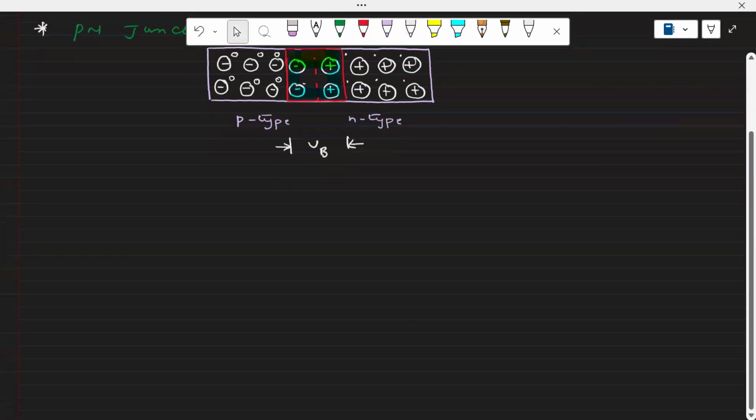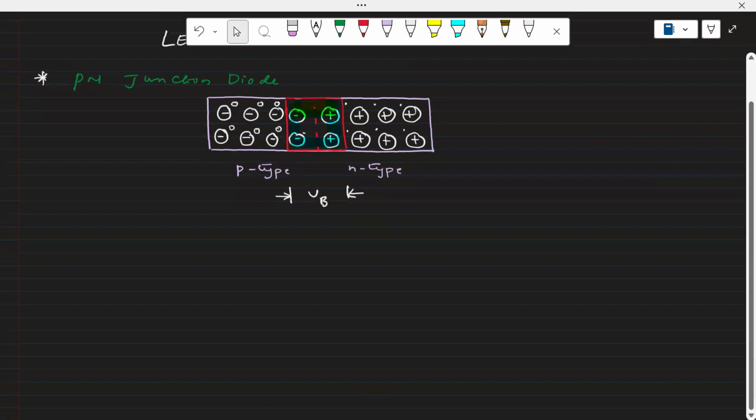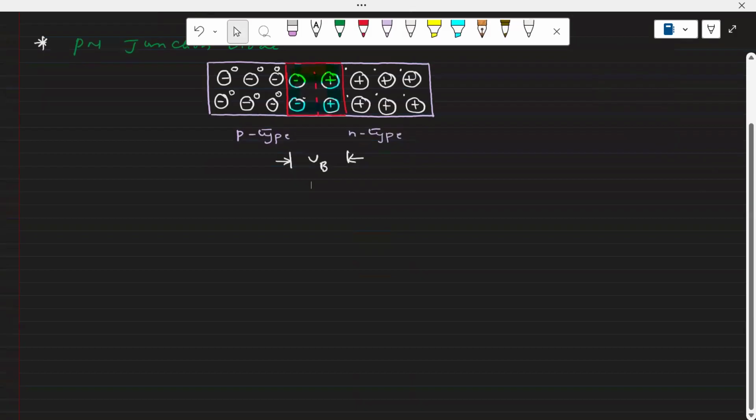Good. Now the question is, in our analog electronics, how are we going to use this diode in our circuit design? That means you should know a little bit of fundamentals related to this, right? Now, as I mentioned, if the carriers are moving from the N side to the P side, then the current is also in the same direction.